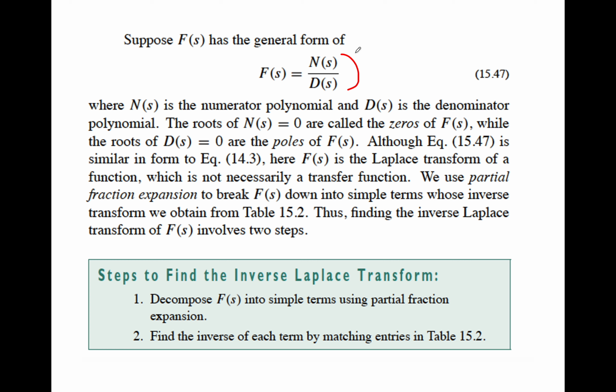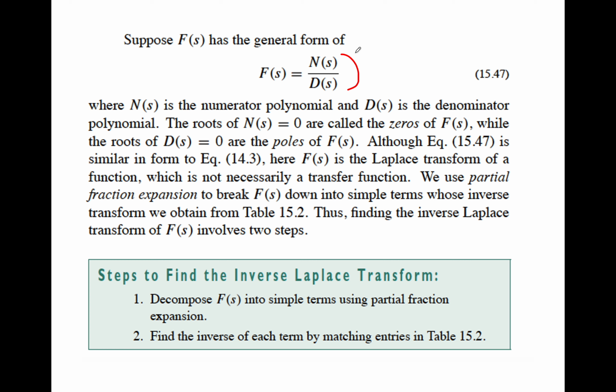Is it going to be sinusoidal? Is it going to be a constant? Is it going to be exponential decay, a number of different exponential decay constants? That's all determined by the roots of the denominator.